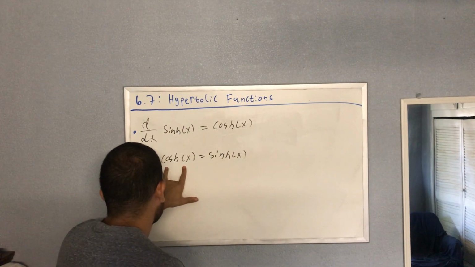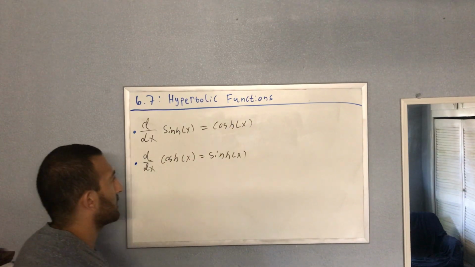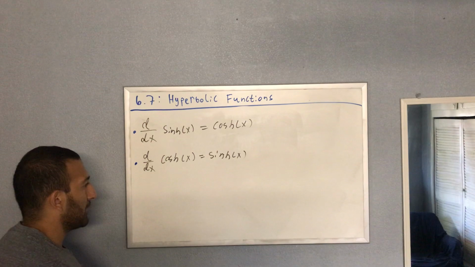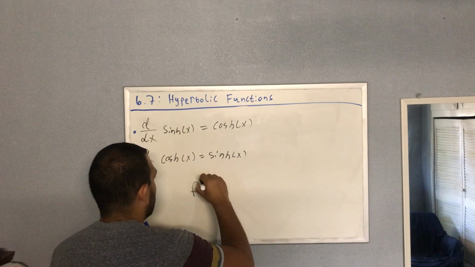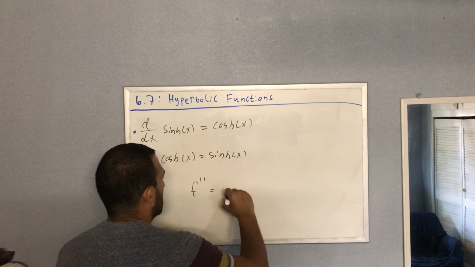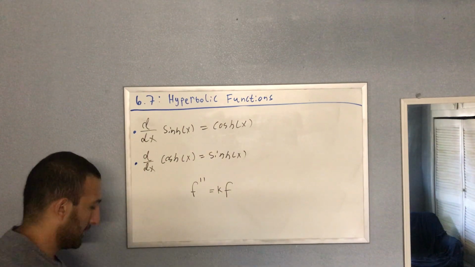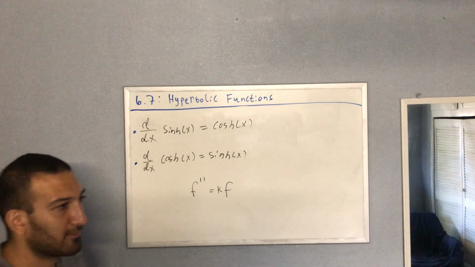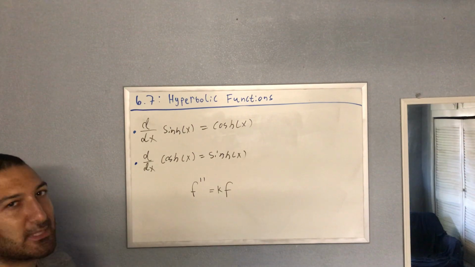One derivative of cosine gives you sine, and then one more derivative of that gets you back to the original thing. And so if you're looking for functions whose second derivative is equal to itself, or maybe some constant times itself, hyperbolic sine and cosine are the answers to that. They're functions that have this property.